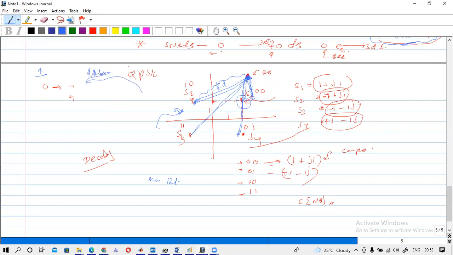If you have any point, you calculate the Euclidean distance to each symbol, and if you have the minimum distance to one symbol, you decide it is that symbol.